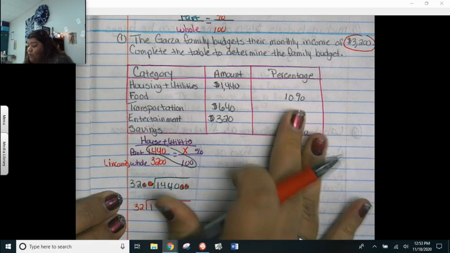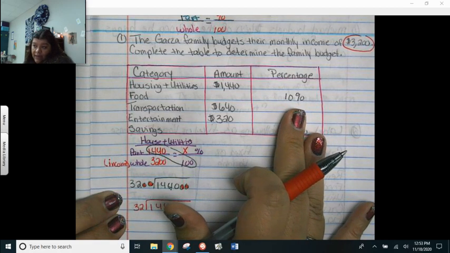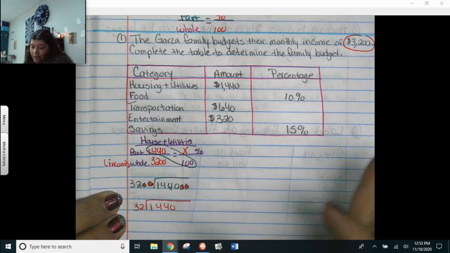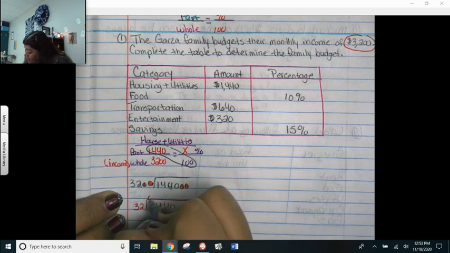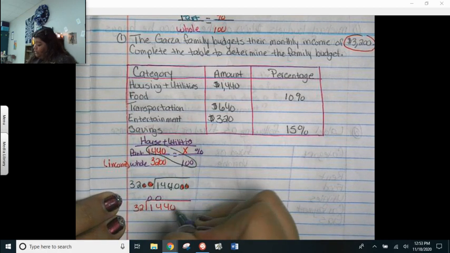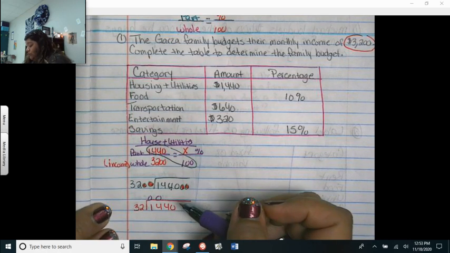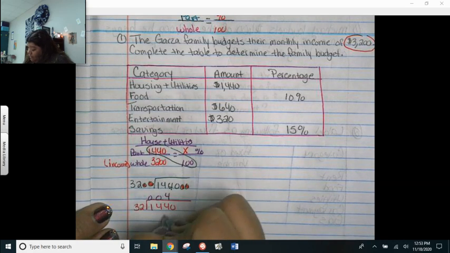I'm going to round this to the nearest percent. So if I get to the tenths place, I'll stop and then I'll round. So let us divide. 32 into 144, that goes 4 times.